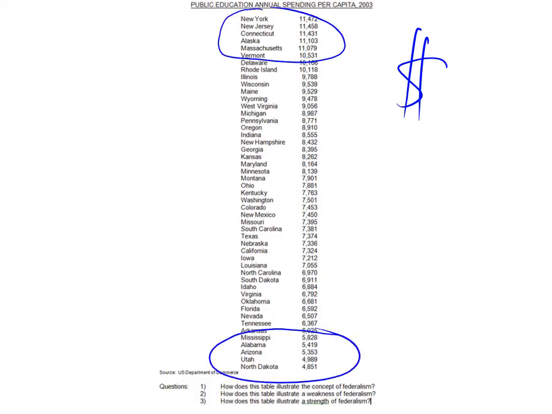This is just a slide showing how much money is spent on education per state, and it's arranged from the biggest spenders going down to the lowest spenders. Where does California rank per person? California. Man, I'm really looking here. Let's see.